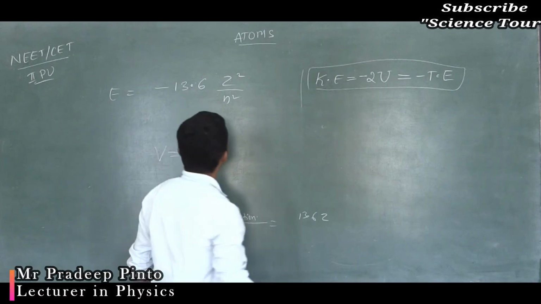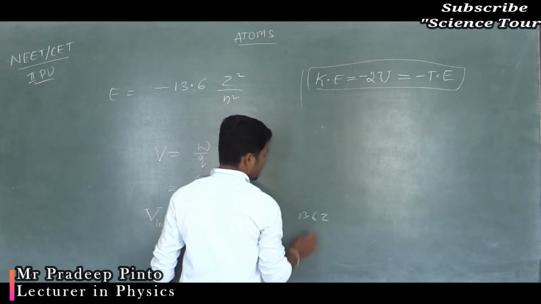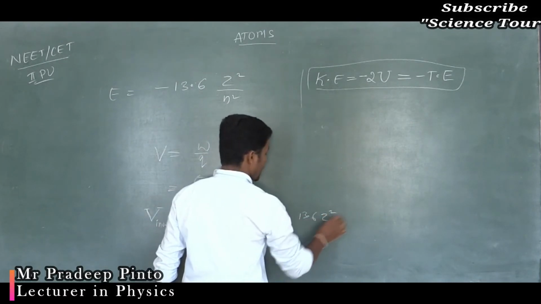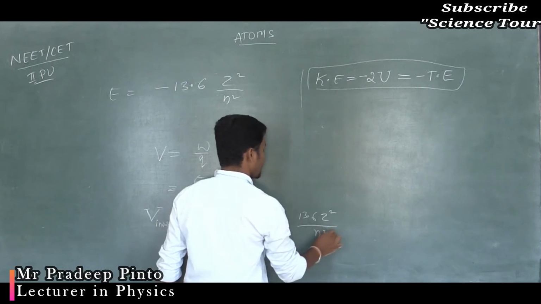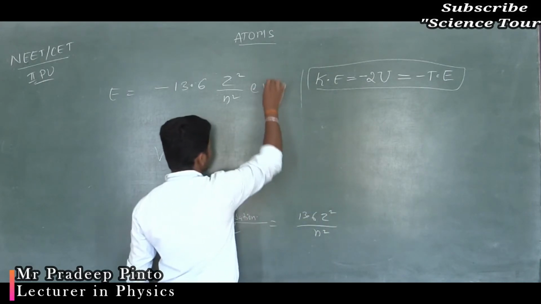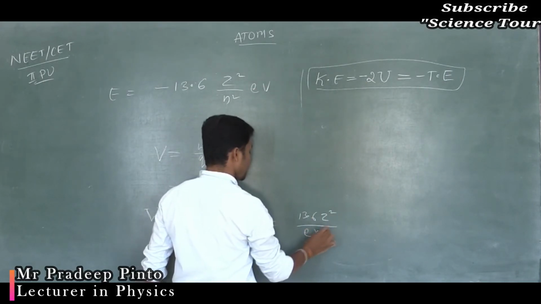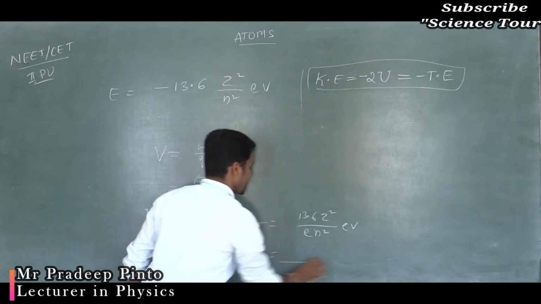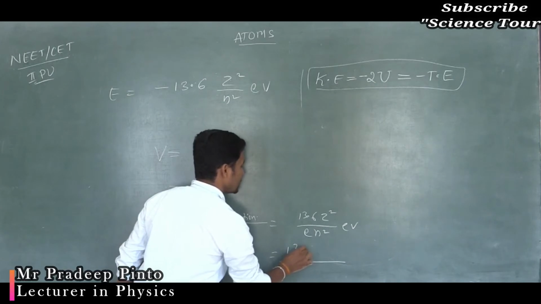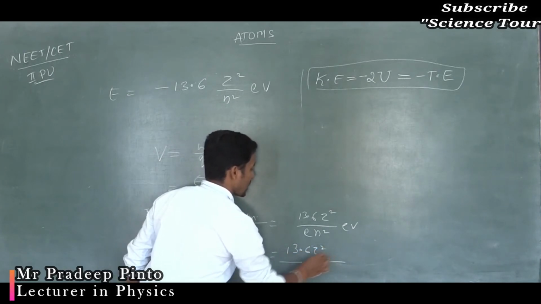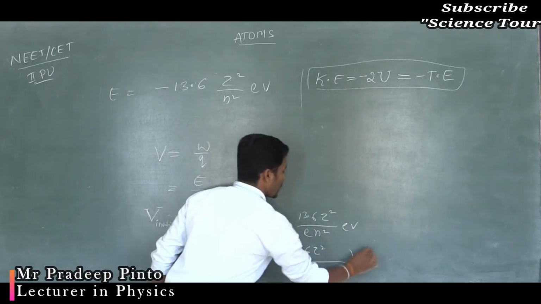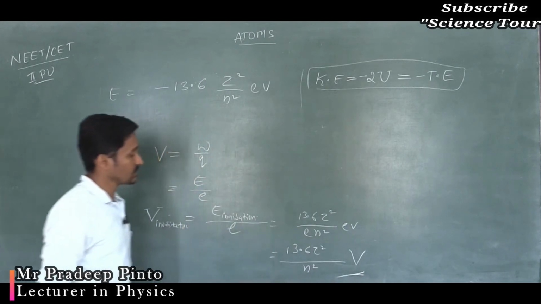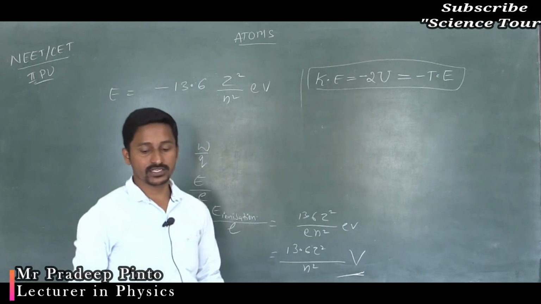So 13.6 Z squared divided by n squared, it was in eV, so I divide by e, the e cancels, and I get 13.6 Z squared divided by n squared volt. This is what the ionization potential is.